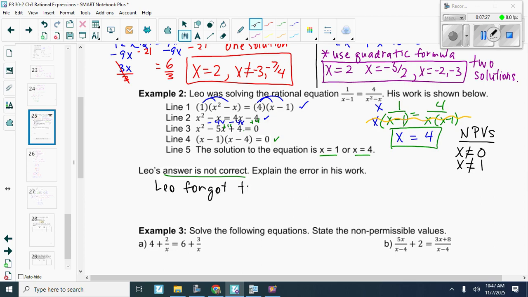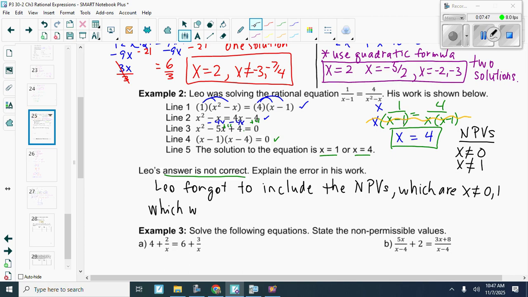Leo forgot to include the NPVs, which would make x equals 1 extraneous, right?